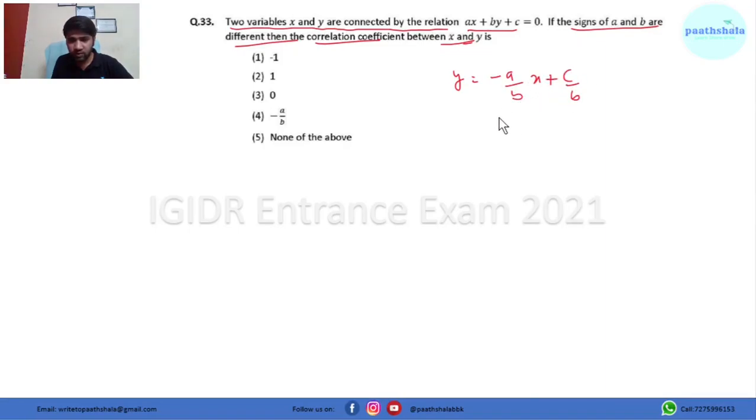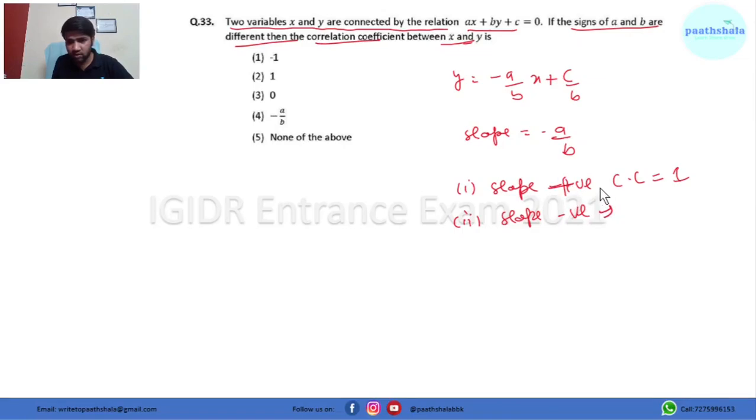Here the slope is minus a by b. So there are two conditions. If the slope is positive, then the correlation coefficient will be 1, and if it is negative, then the correlation coefficient will be equal to minus 1.